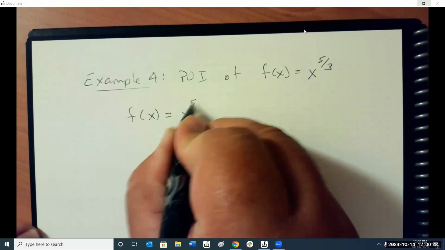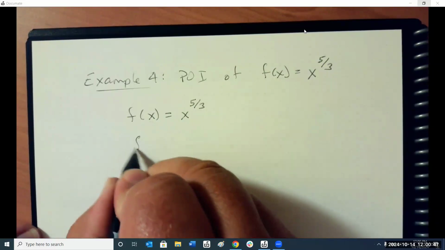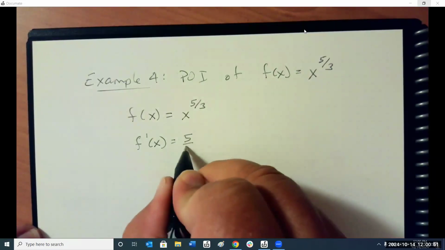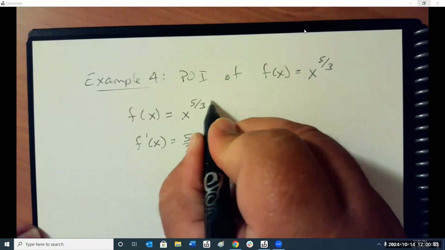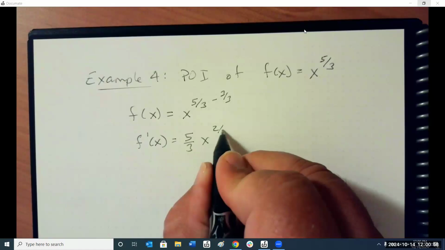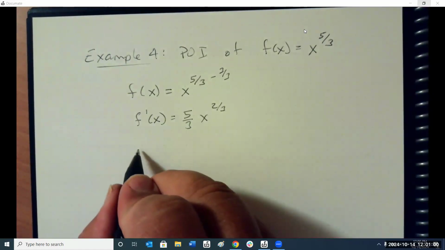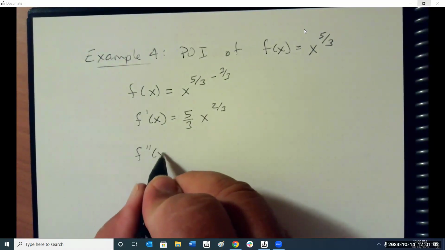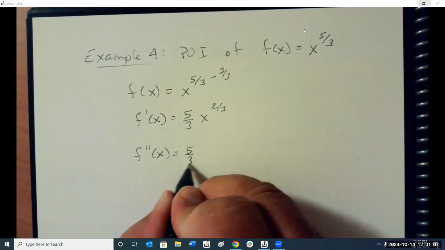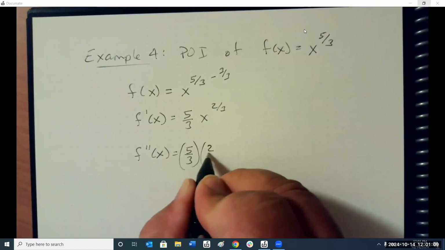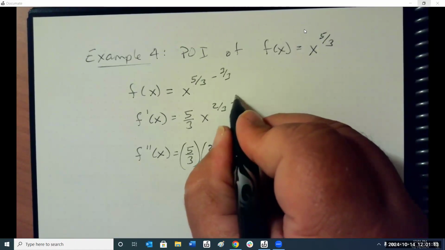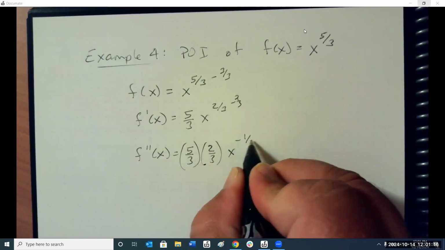The first derivative is 5/3 x to the power of 5/3 minus 1, which is 3/3, makes it 2/3. And the second derivative, 5/3 times 2/3, and subtract 1, which is 3/3, makes it negative 1/3.